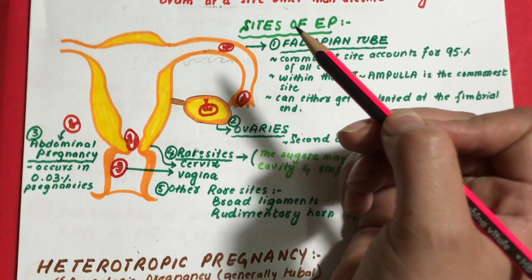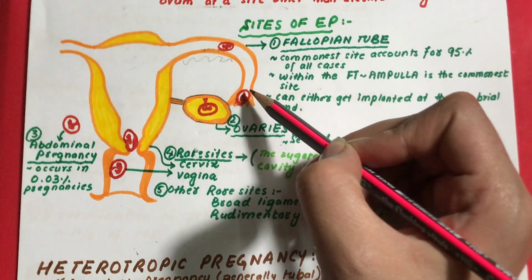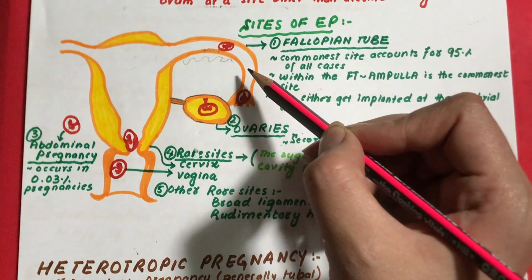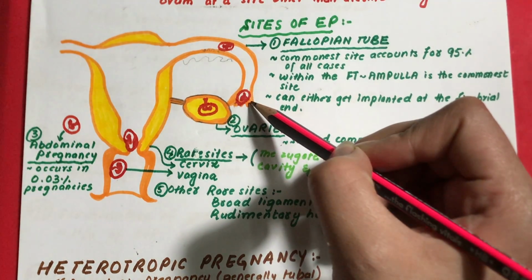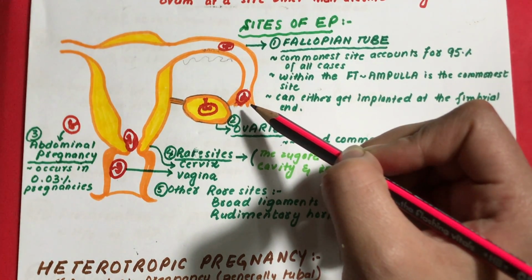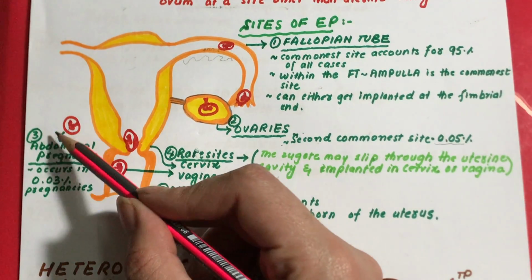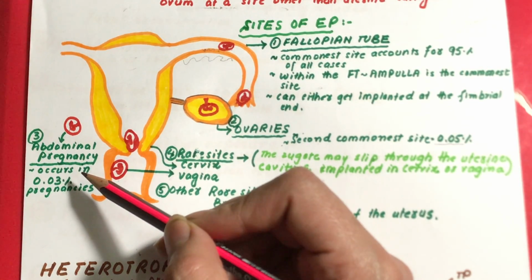And sometimes the fertilized ovum may move laterally, and the pregnancy may implant in the fimbrial end, which is the second location which you should know, or fall into the peritoneal cavity, okay, leading to abdominal pregnancy.